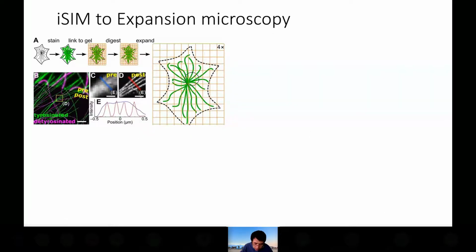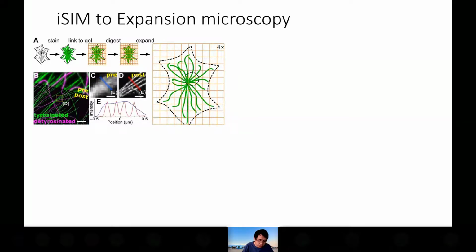So after we saw that the RCAN was able to successfully enhance the resolution from the confocal to STED images, we wondered if we can further increase the resolution we get from the iSIM images. One of the ideas that came to our mind was to use expansion microscopy.